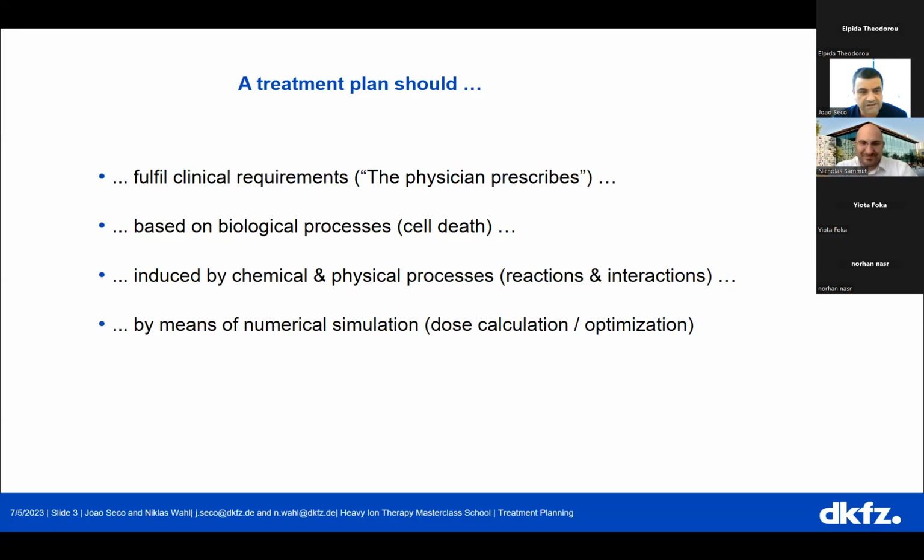So there are many stages. There's the clinical part, there's the biology part, there's the physics part, and there's also the computational part related to dose calculation and optimization. So it is a very complicated set of problems, and in many cases requires inverse solution, so what we call an inverse problem.